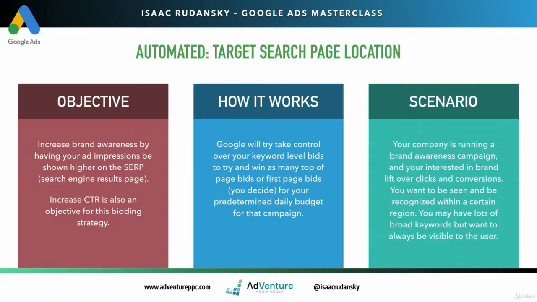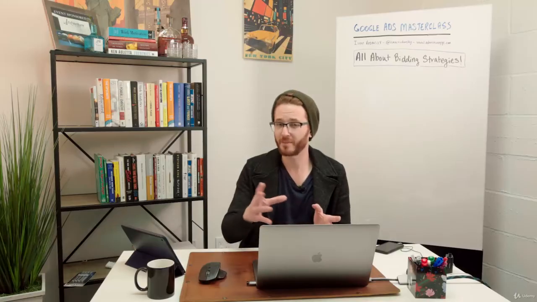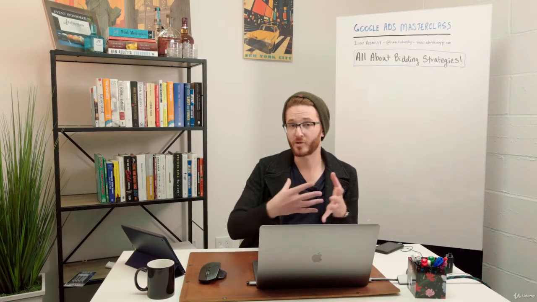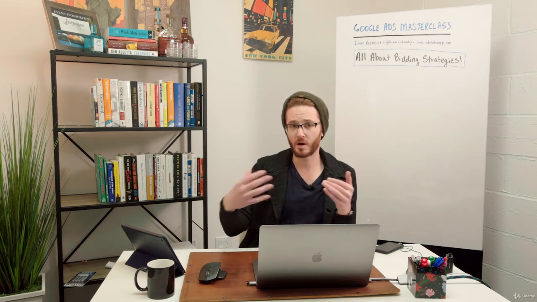But say we're running a brand awareness campaign and we're interested in brand lift, like I just mentioned, over clicks and conversions. Right now, we want to see more people talking about our brand because we think it's going to eventually make us money. You want to be seen and be recognized within a certain region. You may have lots of broad keywords, but want to always be visible to the user. These are all different ways a brand awareness strategy might play out, so you might want to target search page location.